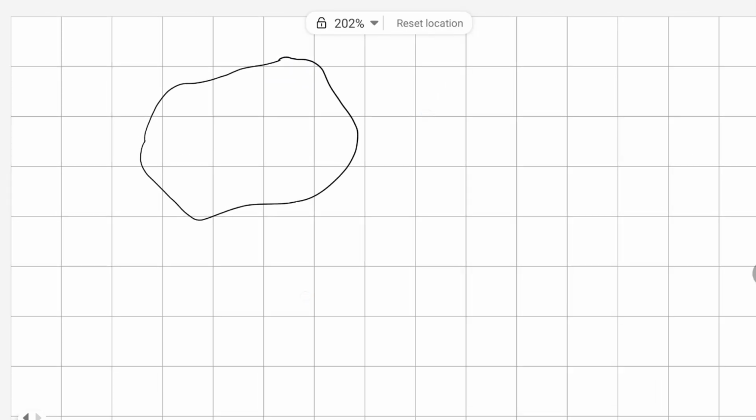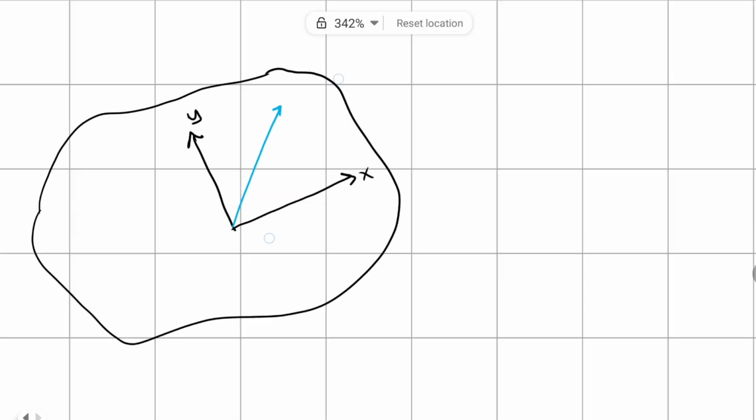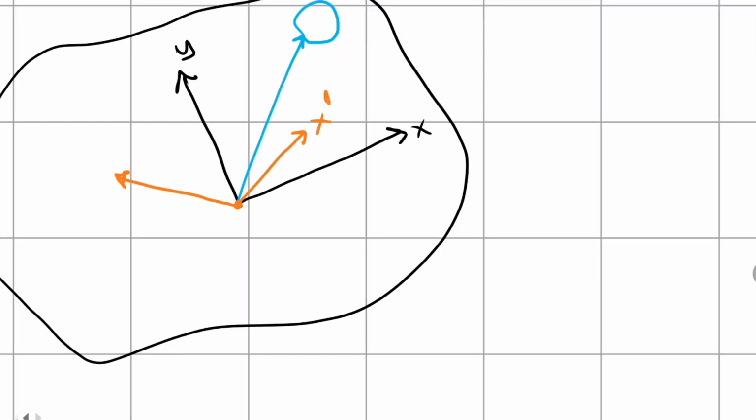Remember that we have a rigid body, and we can define a coordinate system like this, x, y, that will help us to locate a particular point on the rigid body. We can also define a different coordinate system that will be fixed to the rigid body, for example with the coordinates x prime and y prime.